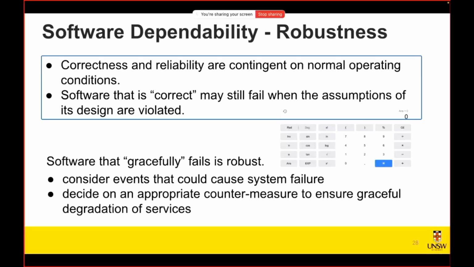So software that gracefully fails is considered robust. So this calculator is a robust piece of software. This requires the developer to consider the events that could cause those failures, right? And we should have some appropriate reactions or countermeasures to those corner cases when these things happen.